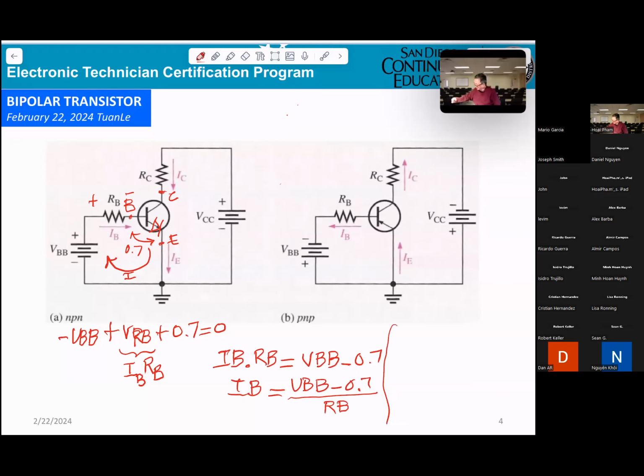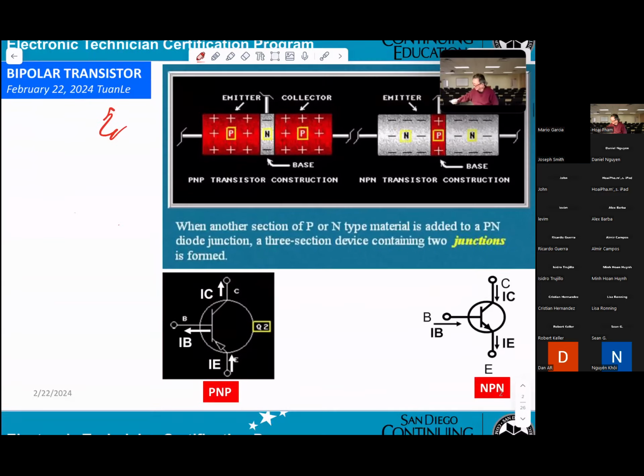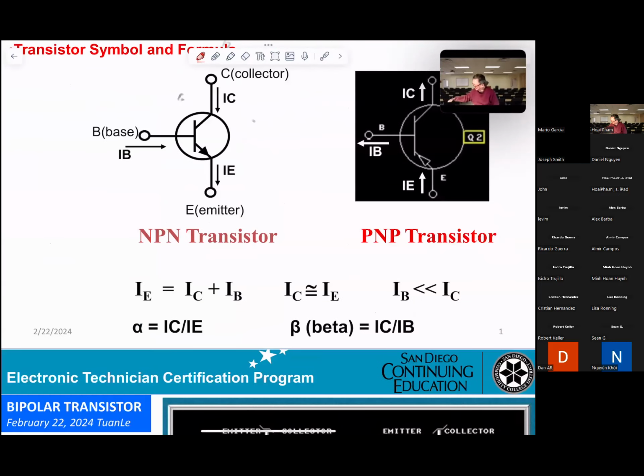Now, if you get IB, you can calculate the IC. What does IC equal? Let's see. IE equal IC plus IB.